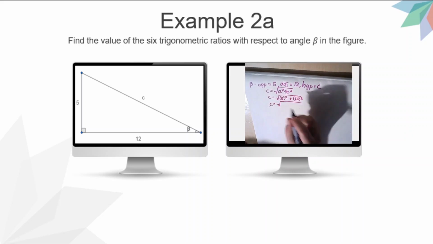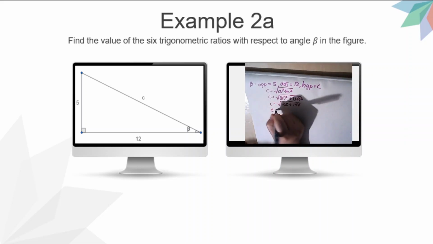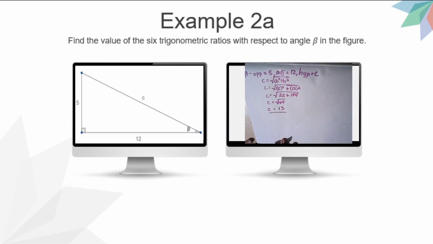So, which is the square root of 25 plus 144, which is the square root of 169 or 13. Now that we know that the hypotenuse is 13, we can already get the trigonometric ratios with respect to angle beta in this right triangle.